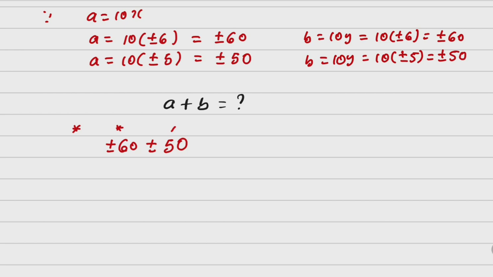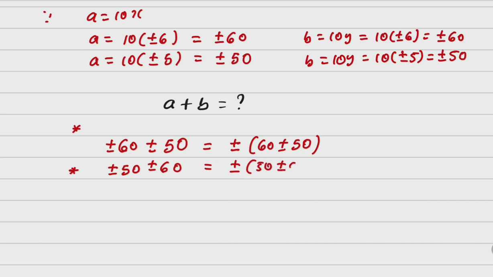So take note, which will now be equals to plus minus 60 plus minus 50, or a second case where we have plus minus 50, then plus minus 60, which will be plus minus 50 plus minus 60.